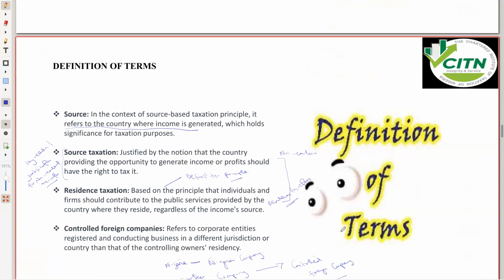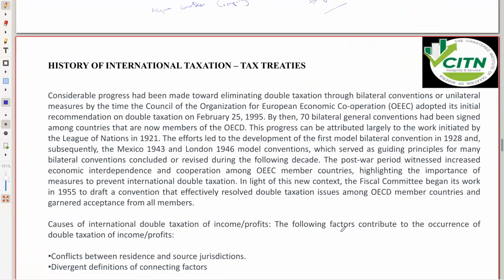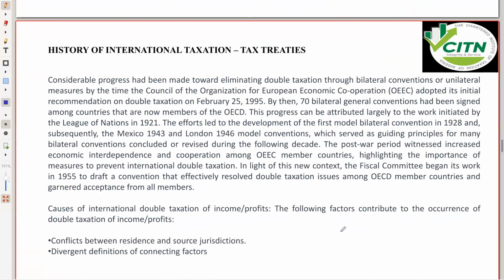It's important that we are aware of these terms in the course of our international tax discussion. So we've talked about international tax treaties, and we've looked at the benefit of having some of these treaties. So let's do a quick high-level review of the history of international tax treaties across the world.